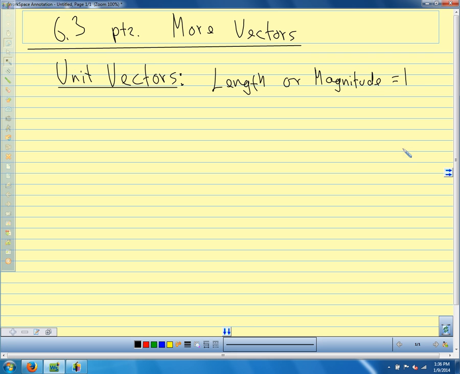So let's say we have a vector v. We don't have to use the components, but we're going to say v is v1, v2. And we want a unit vector in the direction of v. So we want a vector of length 1 that's pointing in the direction of this vector.